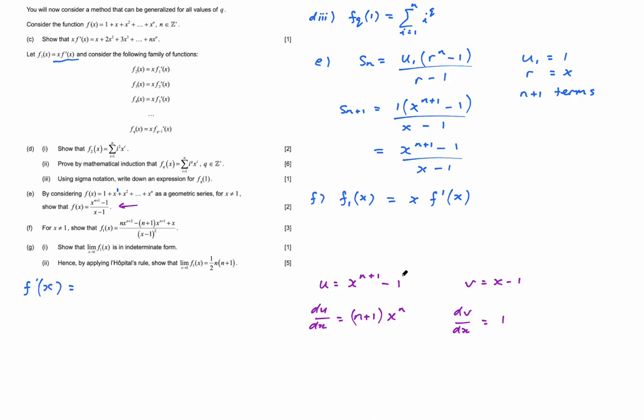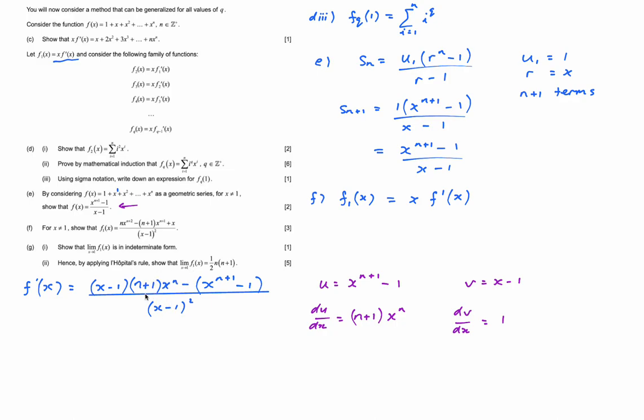Therefore, by the quotient rule, v times du/dx, x minus 1 times du/dx, minus u times dv/dx, which is just this, n plus 1 minus 1 times 1, so that's just gone, all divided by v squared. Now guys, the reason I knew to use the quotient rule, apart from obviously having to differentiate it, is that you can see this is kind of like a quotient.